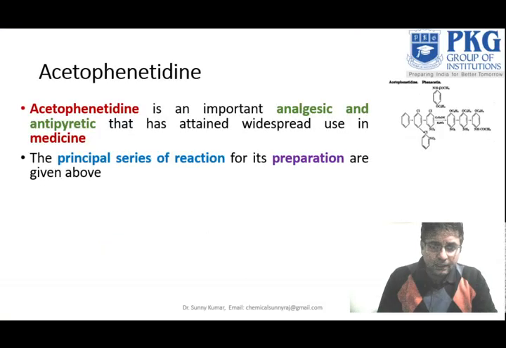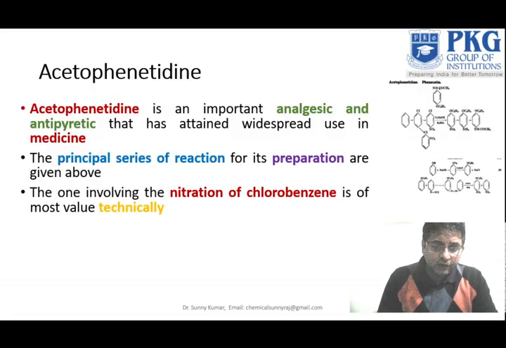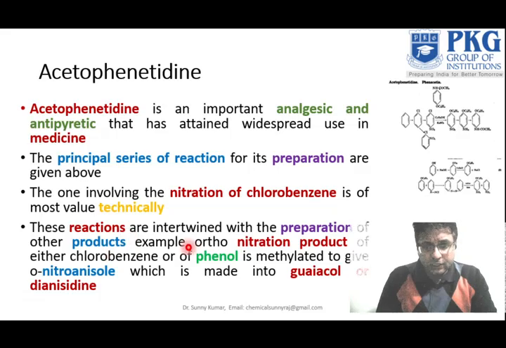The principal series of reactions for its preparation are given, and the one involving the nitration of chlorobenzene is the most valuable technically. These reactions are intertwined with the preparation of other products. For example, the ortho-nitration product of either chlorobenzene or phenol is methylated to give orthonitroanisole, which is made into guaiacol or dianisidine.